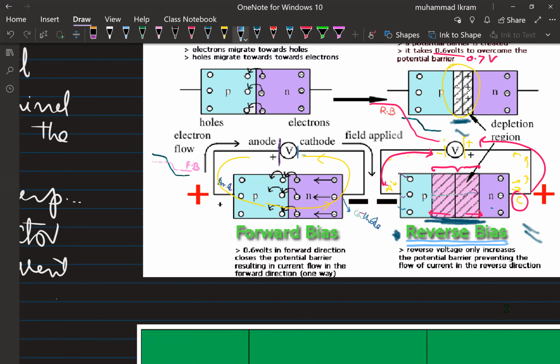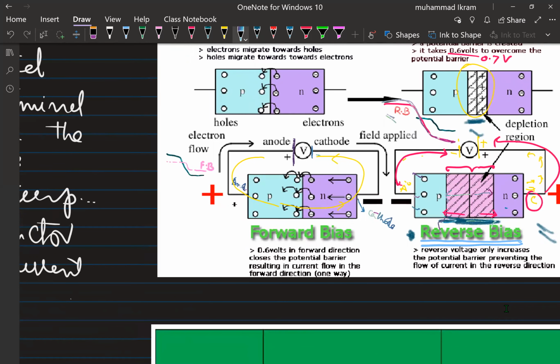So all the holes are supposed to be attracted towards this end. As a result, the width of the junction increases and there is no flow of current. The diode does not conduct electricity, and we say that it is in the reverse biased condition.